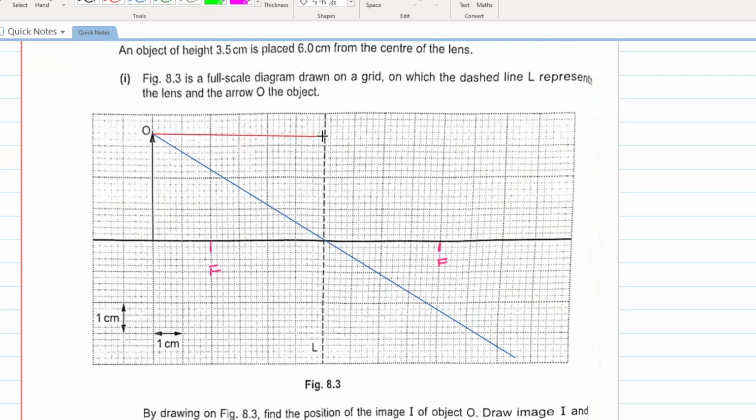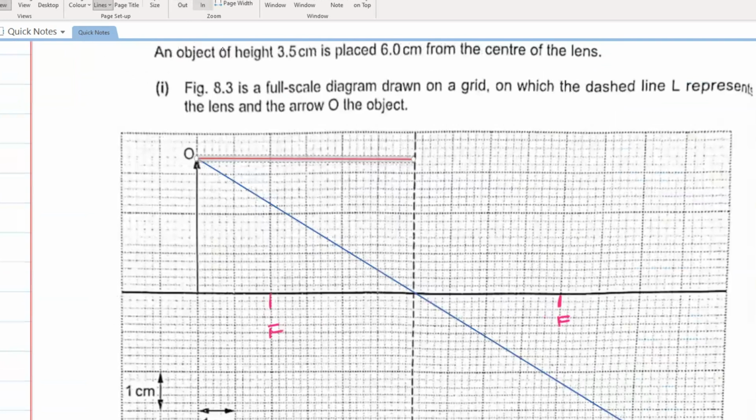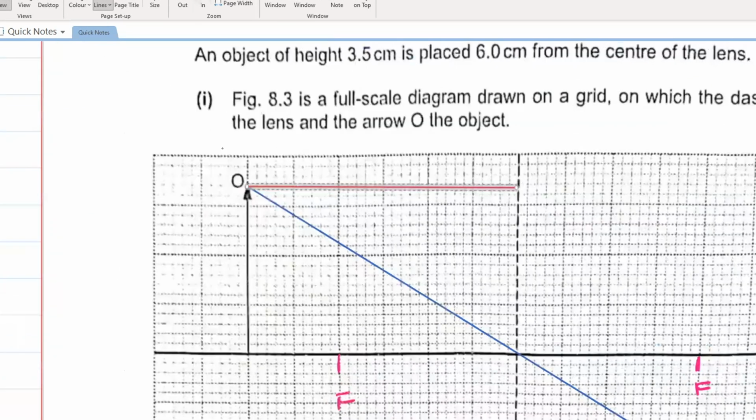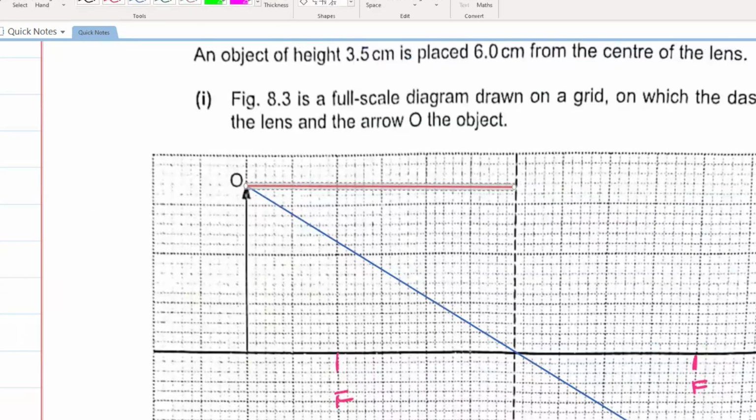We can zoom in here and align it perfectly. Somewhat like this, because the height of the object is 3.5 centimeters. So I am doing according to that. Okay, your ray parallel to the principal axis has also been drawn here.